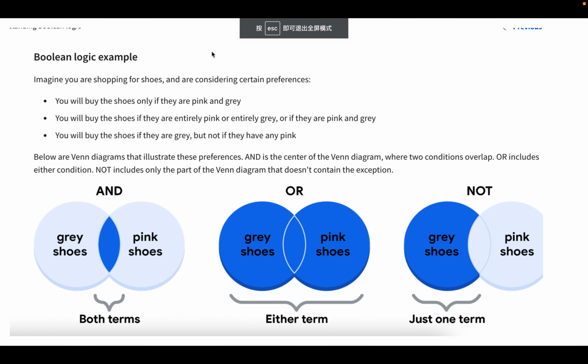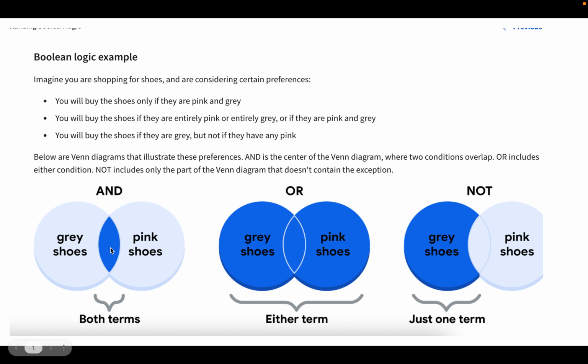Boolean logic example. Alright, let's take a look at three graphs. And means the crossed, intertwined part.